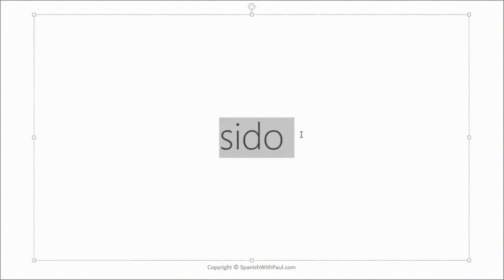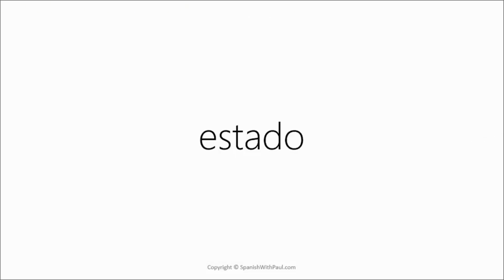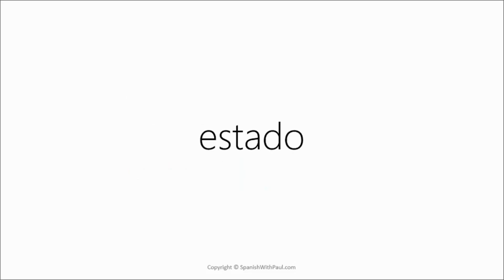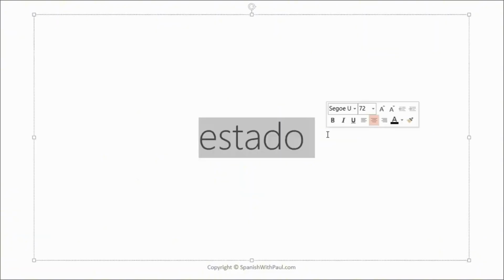Or if we take estar, here we have an AR verb, and this does indeed go to ado. So both ser and estar, going to sido and estado, conform to our rule of ado and ido, which is true for the vast majority of Spanish verbs. However, there are others that want to go their own way. Very common verbs too.